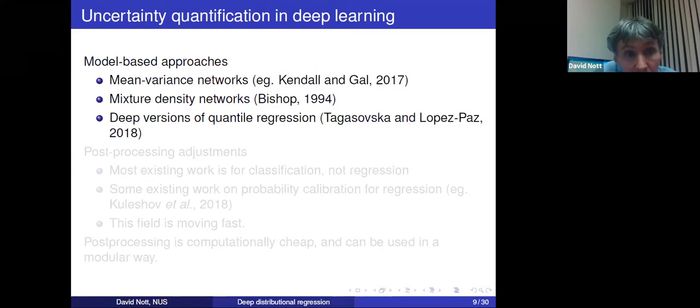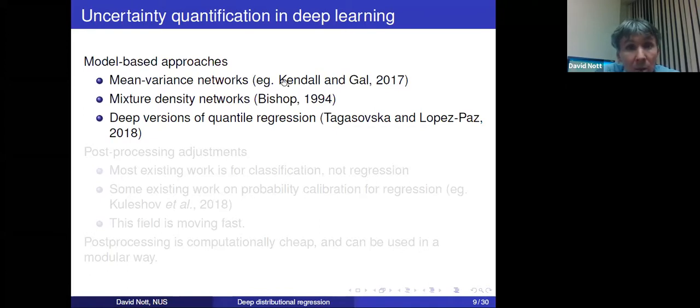So you might follow a strategy of what I'd call a model-based approach. Here you use neural network components as predictors of parameters, say in some parametric model for a response in regression. There are things like mean variance networks, where both the mean and the variance are modeled using neural networks.